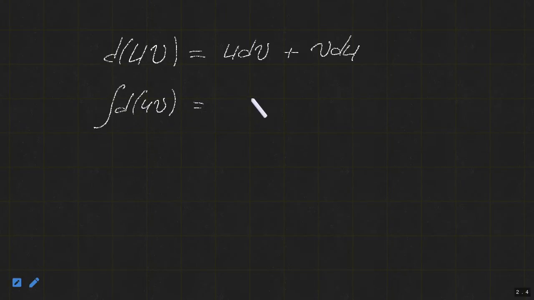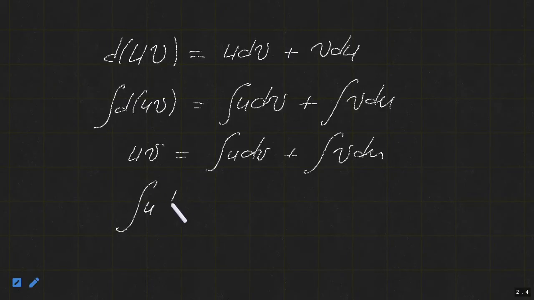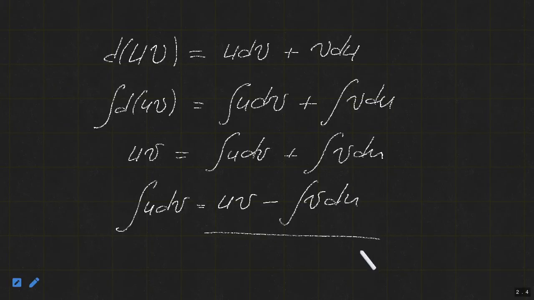When we integrate both parts, the antiderivative of the derivative, uv, is the integral of u dv plus the integral of v du. And from that, we can see that the integral of u dv equals uv minus the integral of v du. So we derived the formula for integration by parts here.